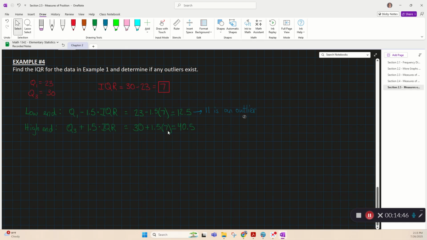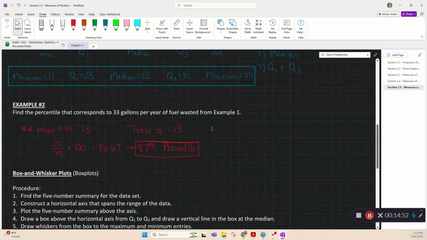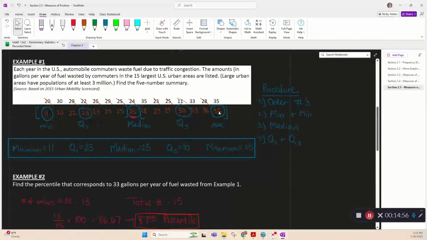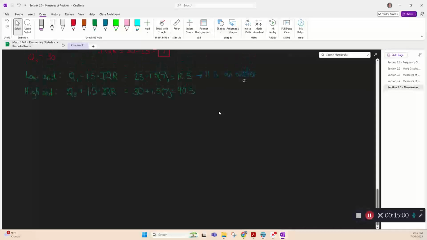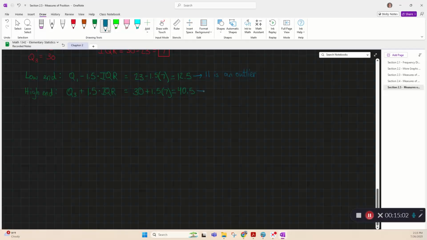Okay, go back to our original data. I need to see, is there anything bigger than 40.5? My biggest number is 35. So no. No high outliers.